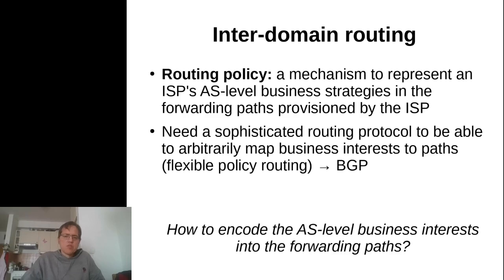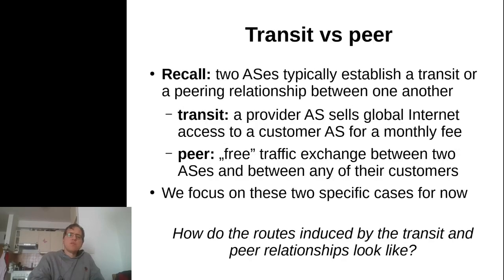So the first question that we ask is how to encode the AS level business interests into actual forwarding paths. Now, what are these actual business relationships that we talk about so much? Recall that in our simple service model, these are described by the transit and the peer relationships that may exist between two ASes.